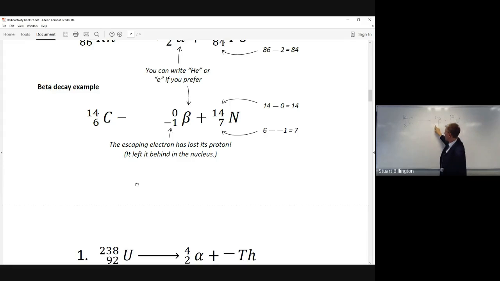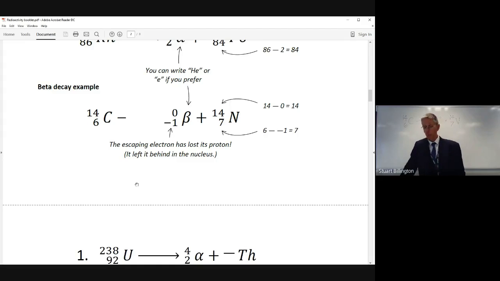And 7 take away 1 makes 6, so that must be take away 1. But maybe your memory is better than mine, and maybe you can remember that, just like we always write 4 and 2 for alpha, we always write 0 and -1 for beta. See if you can remember it.